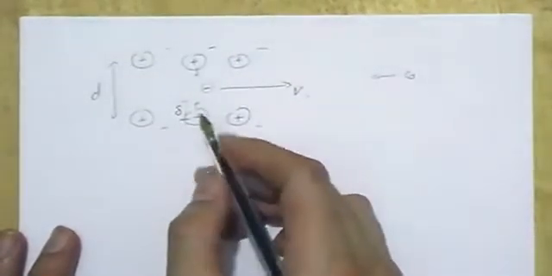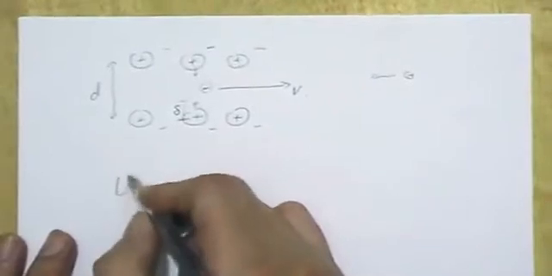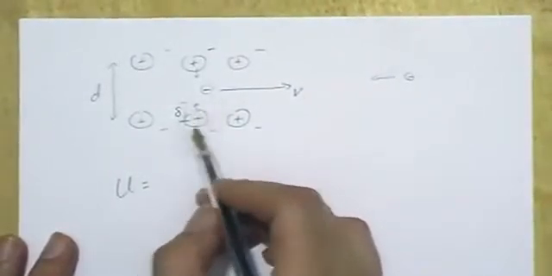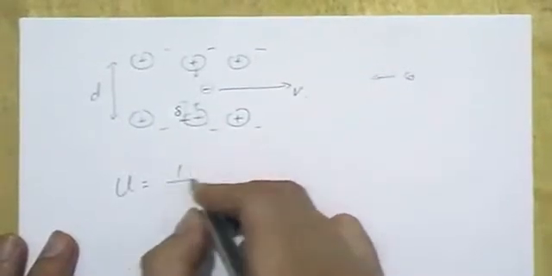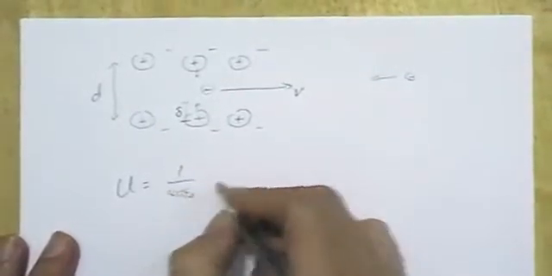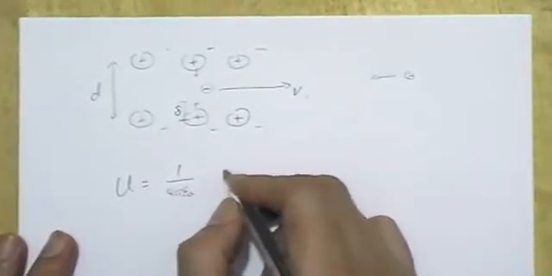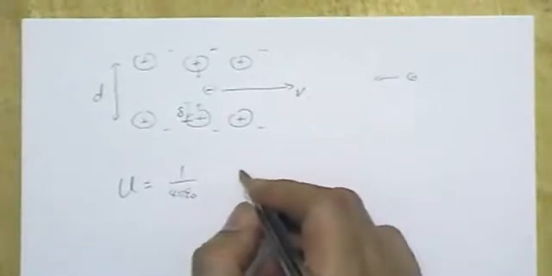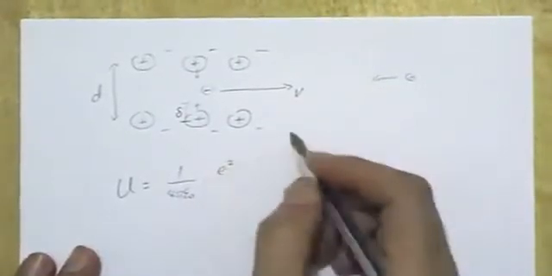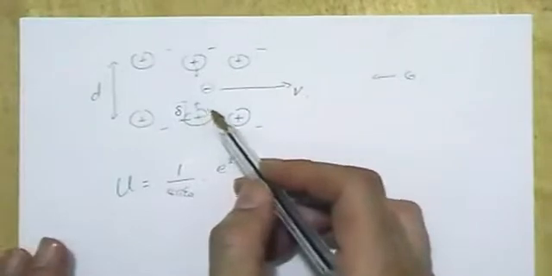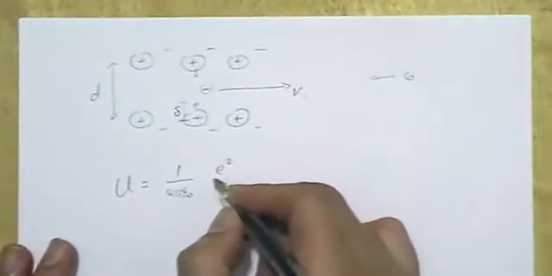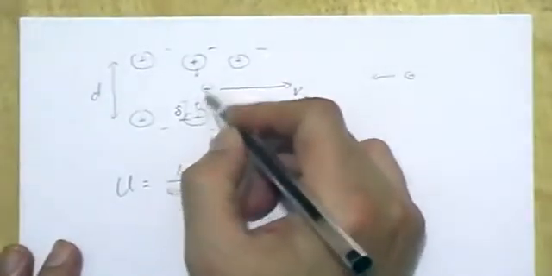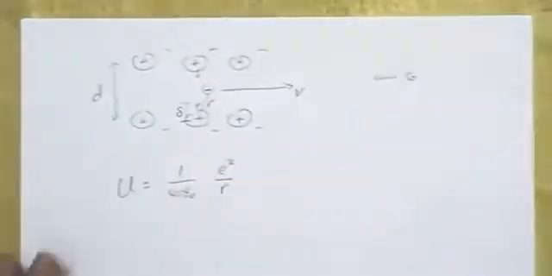Okay, so the Coulomb potential then, that is due to this ion, is given by 1 over 4 pi epsilon naught times, let's see, e squared, that will be the charge of the ion and the charge of the electron, over r, which is the distance of the electron from the ion.